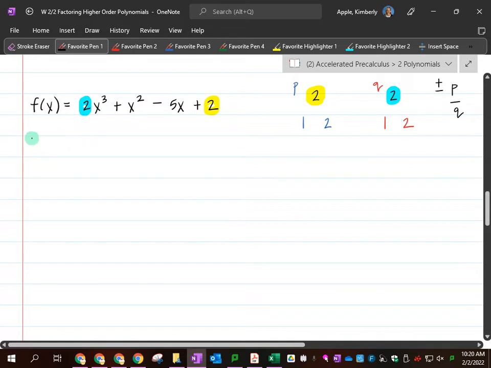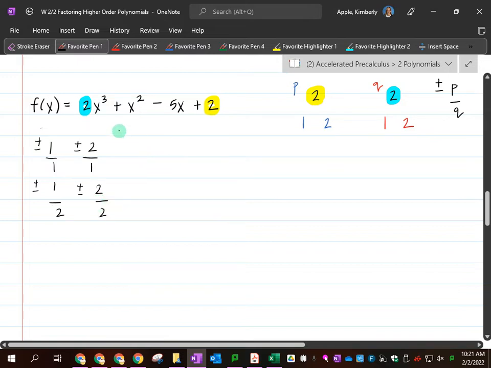So let's do that. Let's do this one first. Let's do plus or minus 1 divided by 1, plus or minus 2 divided by 1. And we're going to do plus or minus 1 divided by 2, plus or minus 2 divided by 2. Okay.